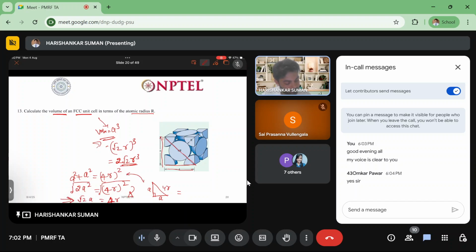This is from here, this is 4R. Now we have to calculate A, 4R divided by root 2, and volume is simple, A cube, length into breadth into height.